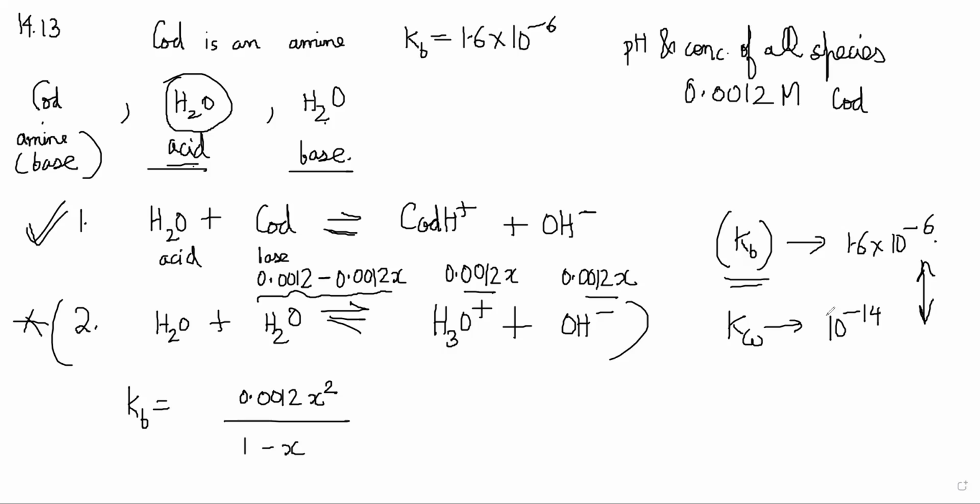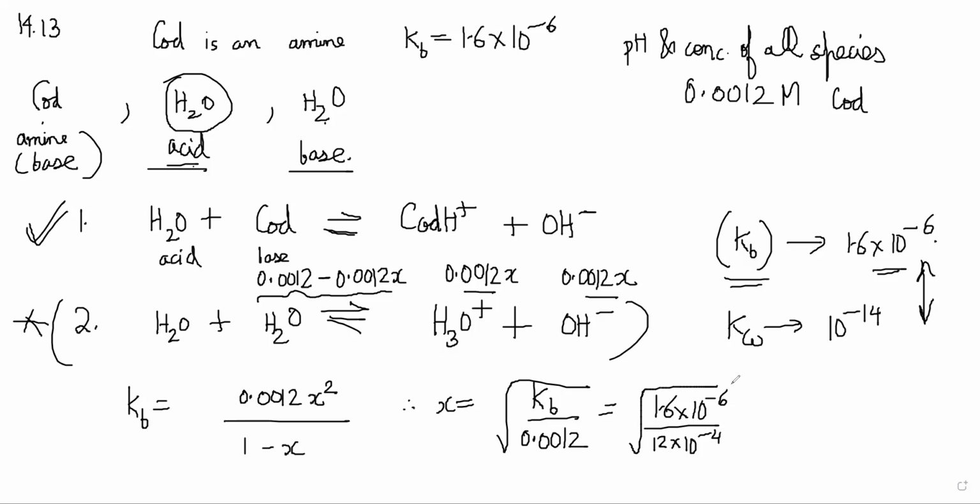So now I will say that since this looks like a small enough value, 1 minus x will be close to 1, and therefore x will be root of Kb by 0.0012, right? 1.6 into 10 power minus 6 by this is 12 into 10 power minus 4, and root of that becomes 10 power minus 2 and root of 1.6 by 12.